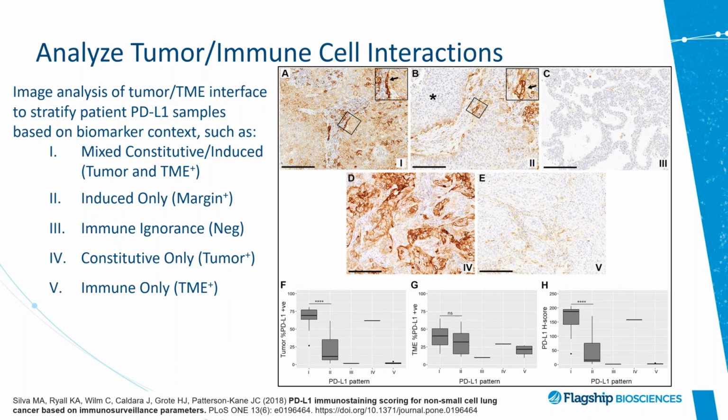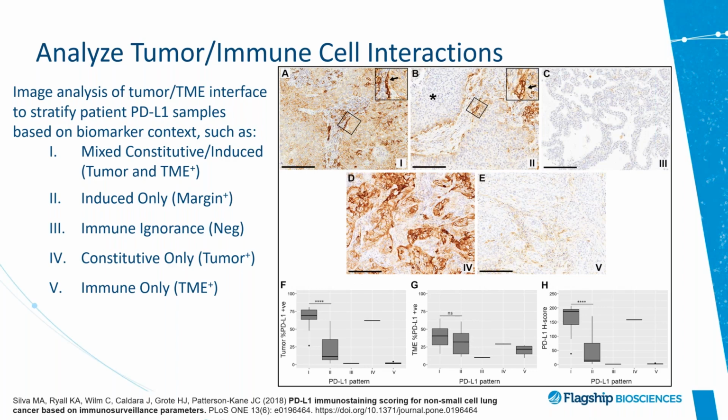Another important concept that is made possible by the digital image analysis is the characterization of spatial interaction between cells and positive marker, and also immune cell interaction with the tumor and by themselves.